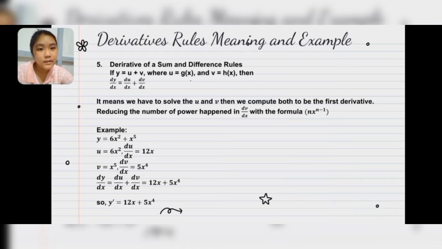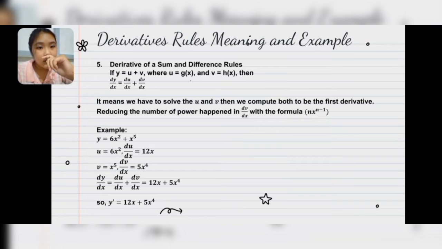The v is x to the 5, so dv per dx equal 5. 5 is n. We have to remember the formula is dv per dx equal n x to the power of n minus 1.